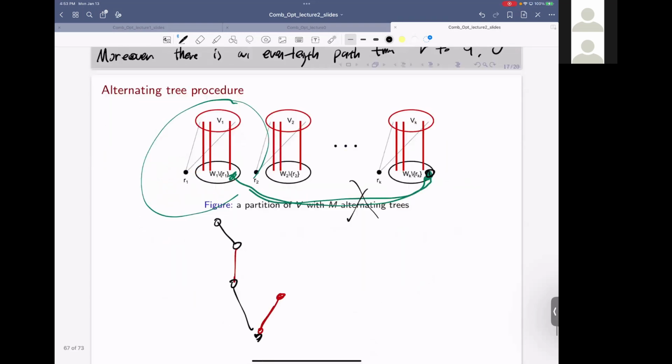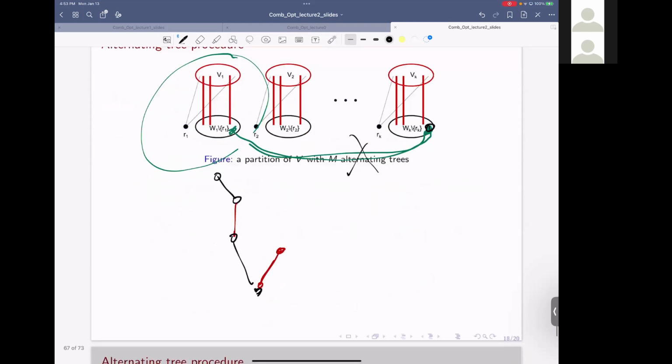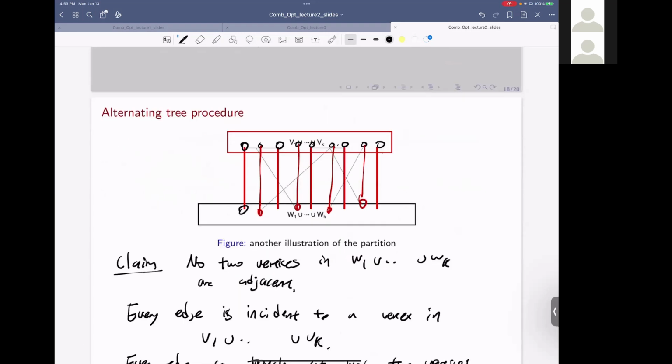Then we also prove that there's no edge between two even levels from two different trees, and that will give you this graph structure. And it has the property that no edge is fully contained at the bottom, and every edge has to be incident to at least one vertex from the top. And if you look at this last bit, the size of the matching is equal to the size of the top vertices. And then this basically proves that the current matching structure is maximum.